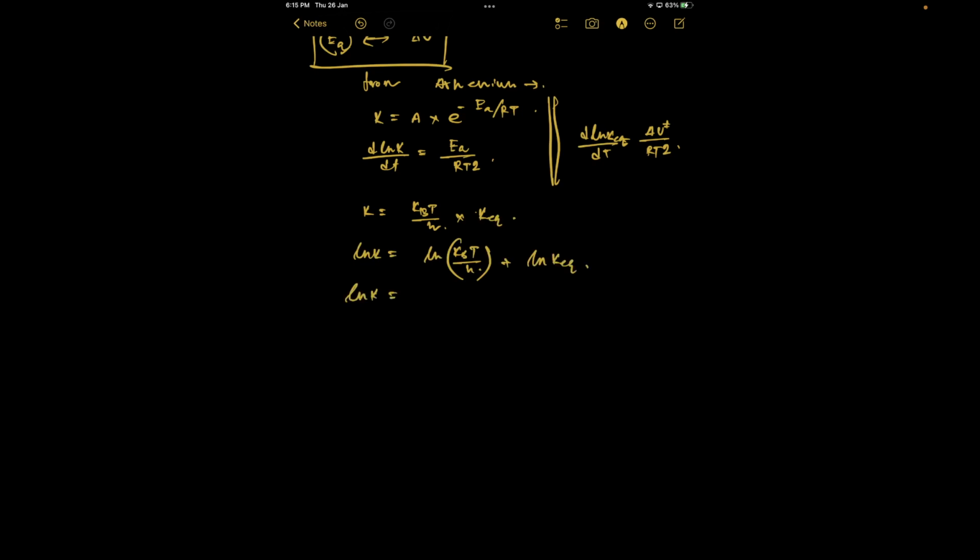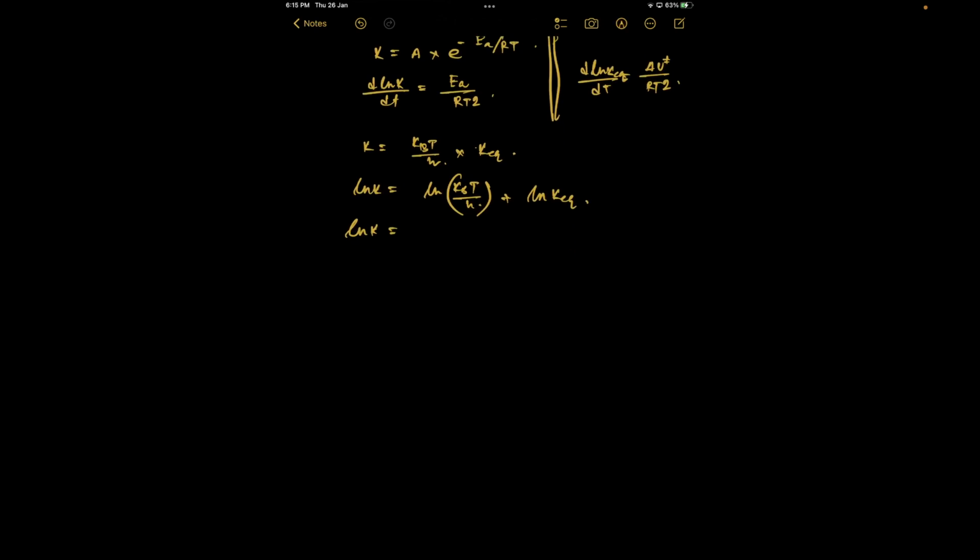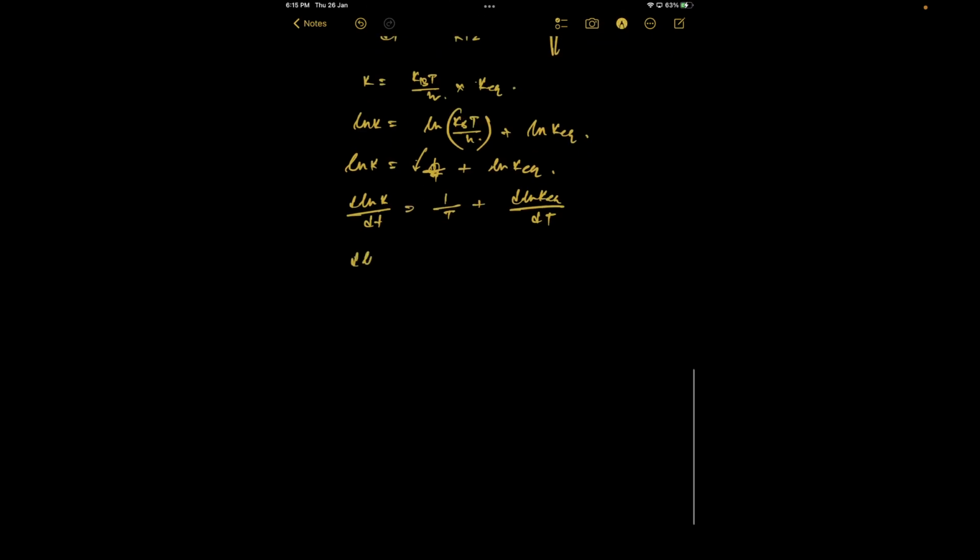So ln k equals ln T plus ln K equilibrium plus constants. Now d ln k by dT equals 1 upon T plus d ln K equilibrium by dT. That means d ln k by dT equals 1 upon T plus delta U double dagger by RT square. From thermodynamics you got that.